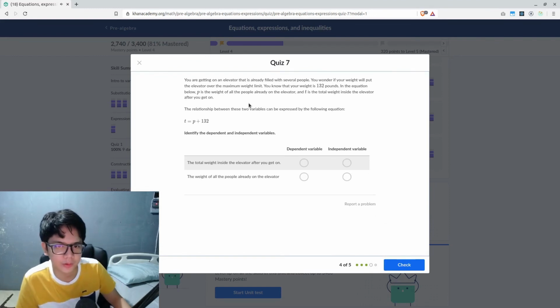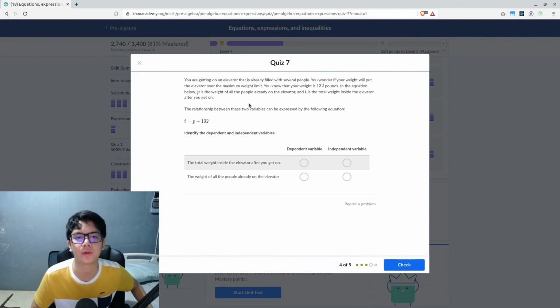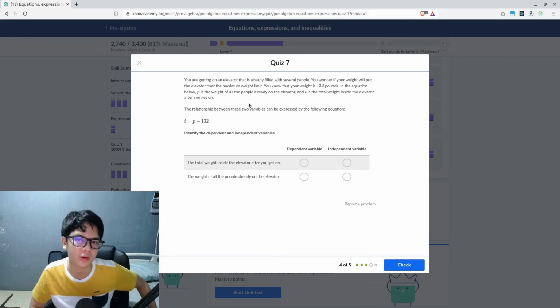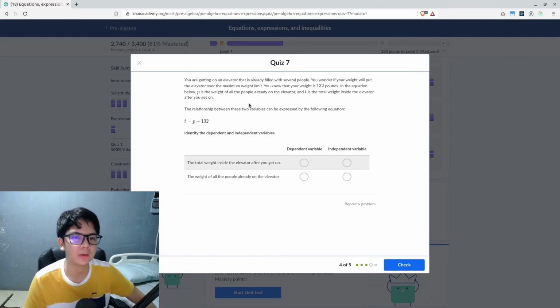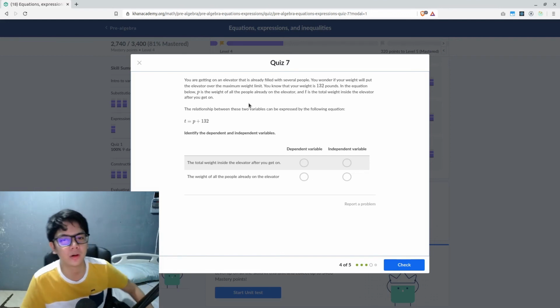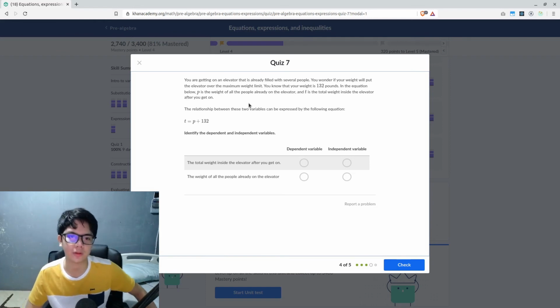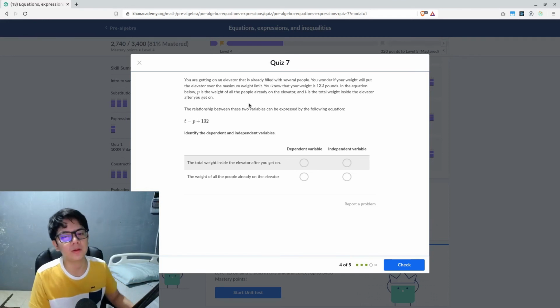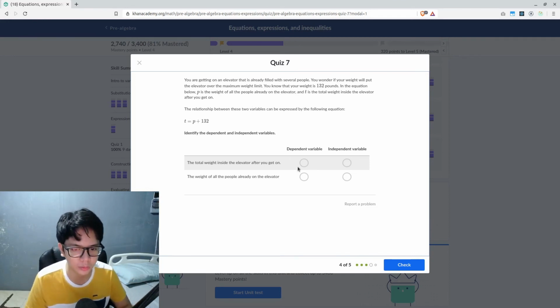You're in an elevator that's already filled with several people. You wonder if your weight will put the elevator over the maximum weight limit. You know your weight is 130 pounds. In the equation below, P is the weight of all people already on the elevator, and T is the total weight after you get on. The dependent variable is the total weight.